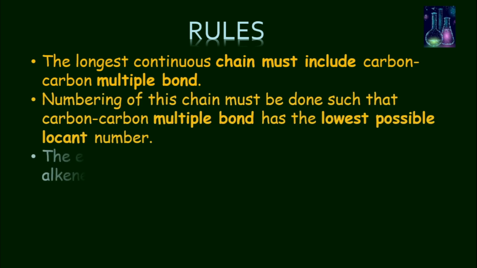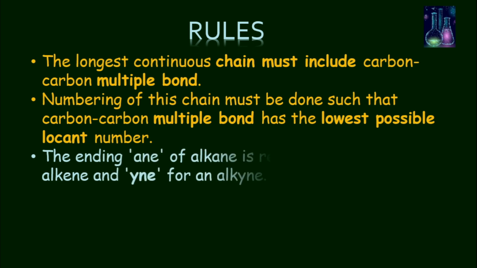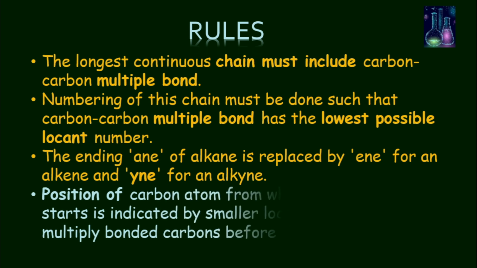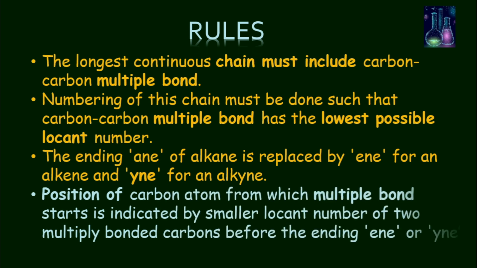The ending ane of alkane is replaced by ene for an alkene and yne for an alkyne. The position of the carbon atom from which the multiple bond starts is indicated by the smaller locant number of the 2 multiple bonded carbons before the ending ene or yne.